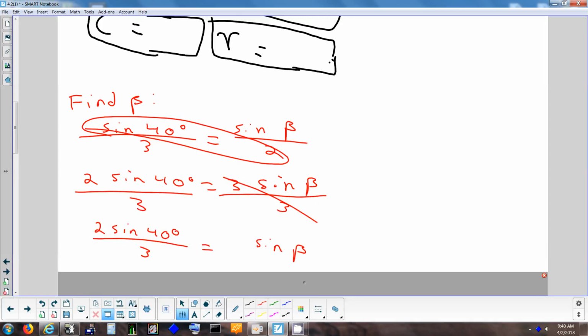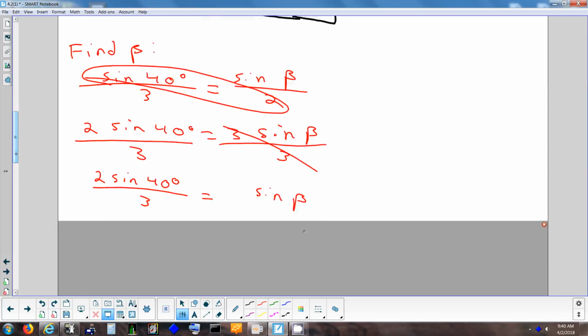Now my goal is to get rid of sine and get beta by itself. How do I get rid of sine? And this is what we did last week. Inverse sine. Exactly, inverse sine. Take the inverse sine of what's on the right. Take the inverse sine of what's on the left.